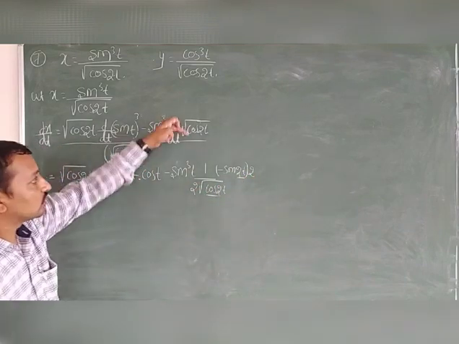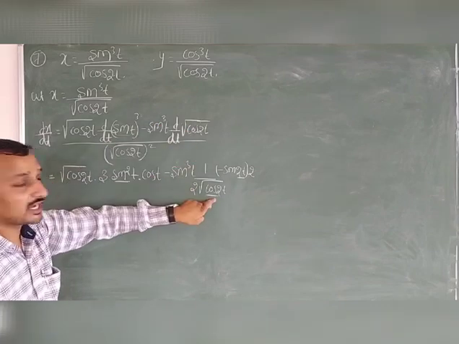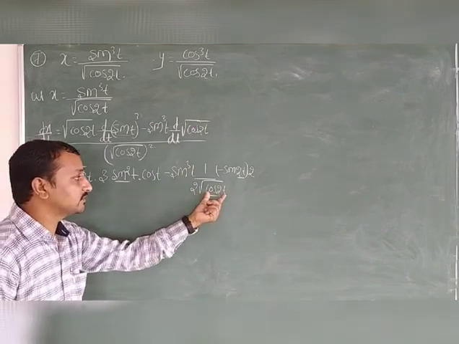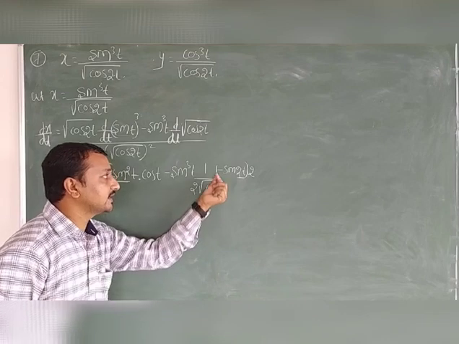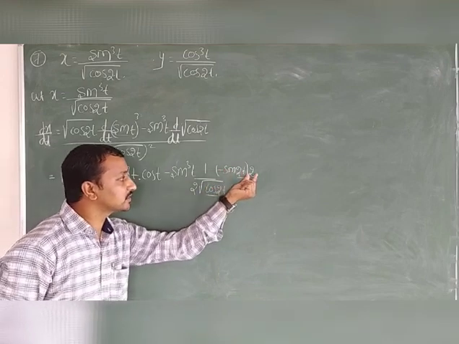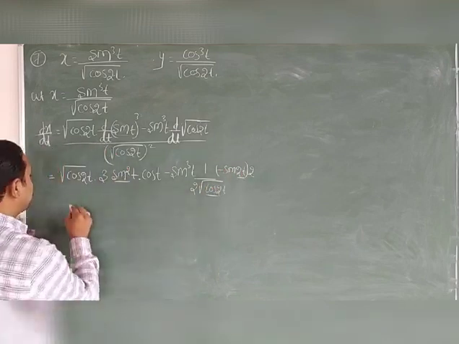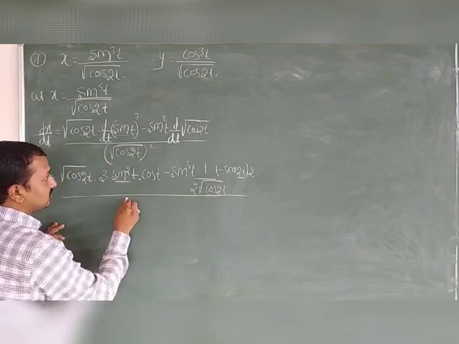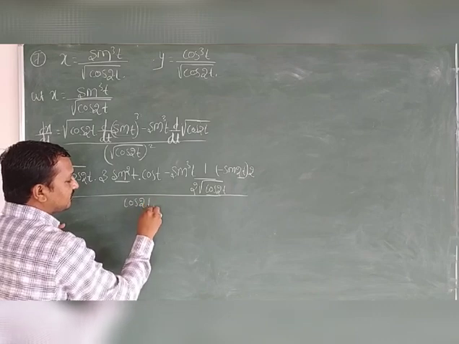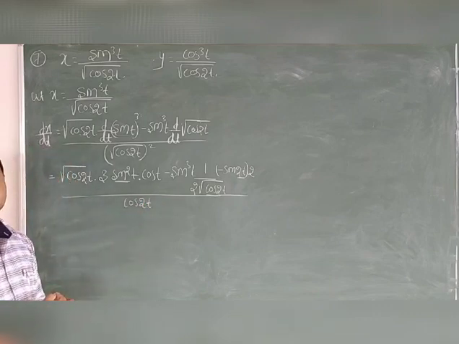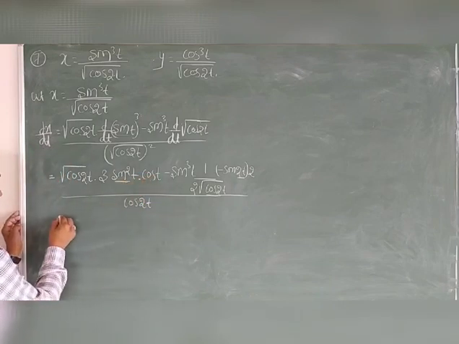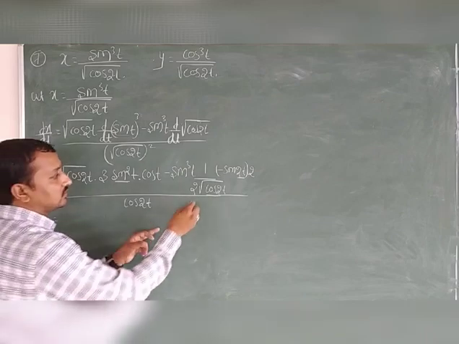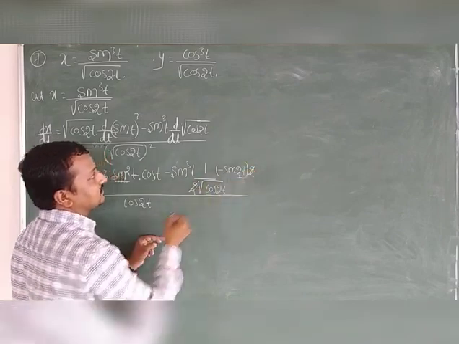It is clear that for the root term, it is 1 divided by 2 root of cos 2t, then again the derivative of cos 2t is minus sin 2t, and with respect to 2t is 2, whole divided by v square. What is that? This term cos 2t keep as it is. Then 2 and 2 get cancelled.